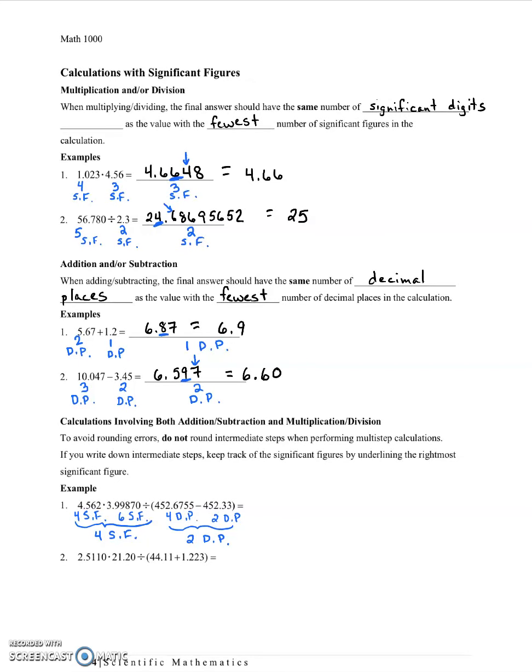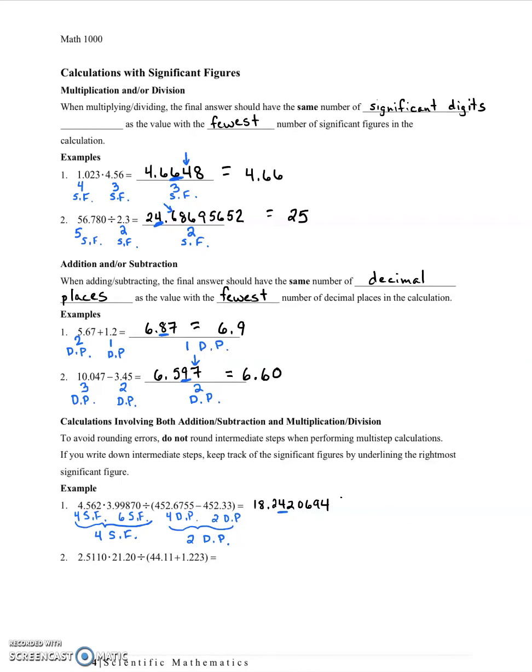So if we multiply those first 2 together, we get 18.2420694. And remember, we said our answer from that should have 4 significant figures. So 1, 2, 3, 4. So we're going to underline the 4 so we know that that's where our significant figures are.